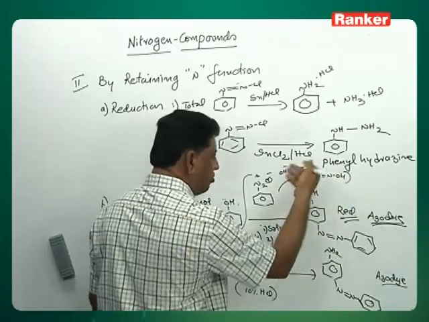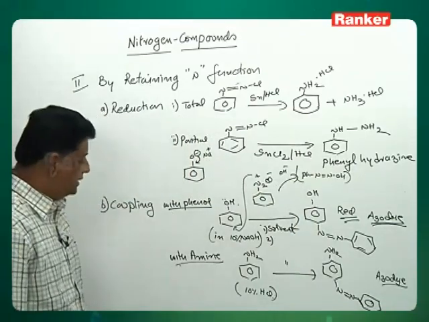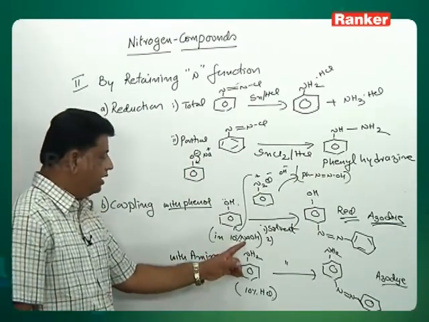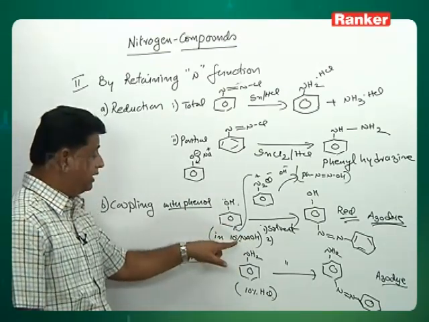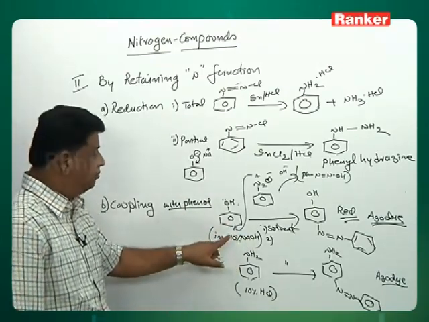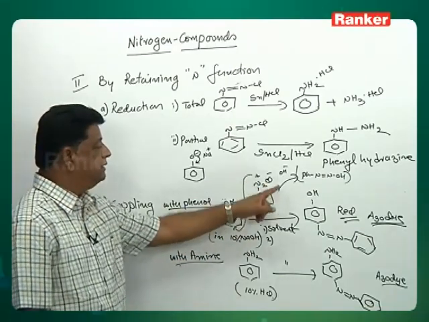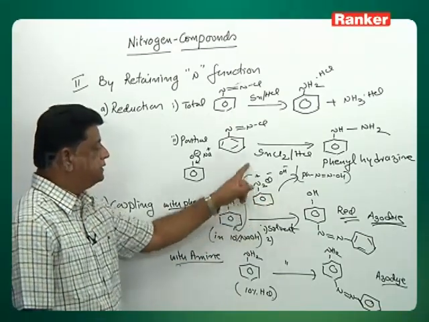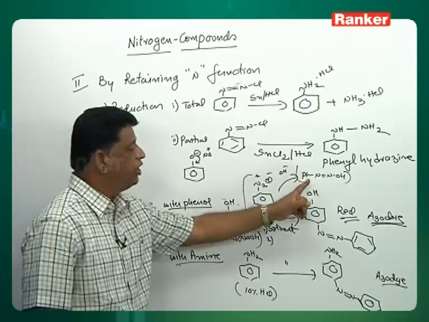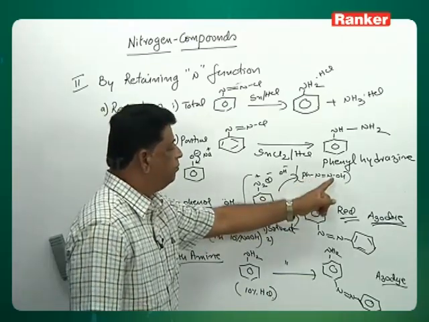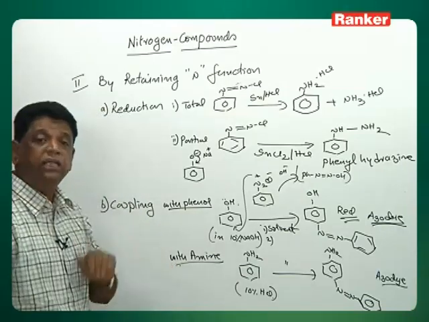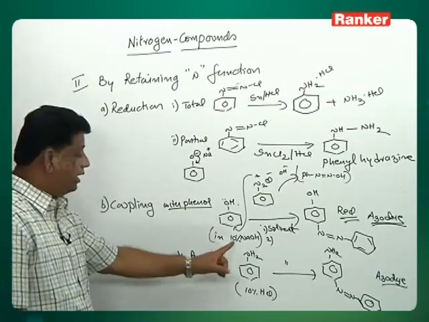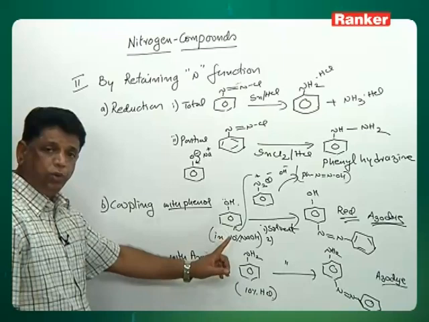This is no more an electrophile. So a strong base is also not useful here. 10% sodium hydroxide is helpful. In concentrated base, the attacking electrophile will become a stable species like this. The bond will not be dissociated, you won't get plus on the N, so attacking will become a problem. So you should not add a strong base, only dilute sodium hydroxide.